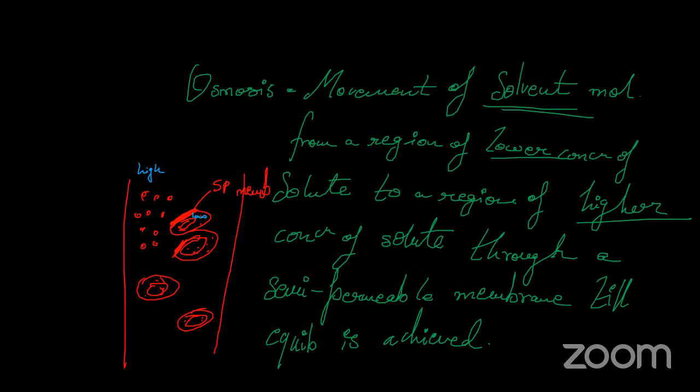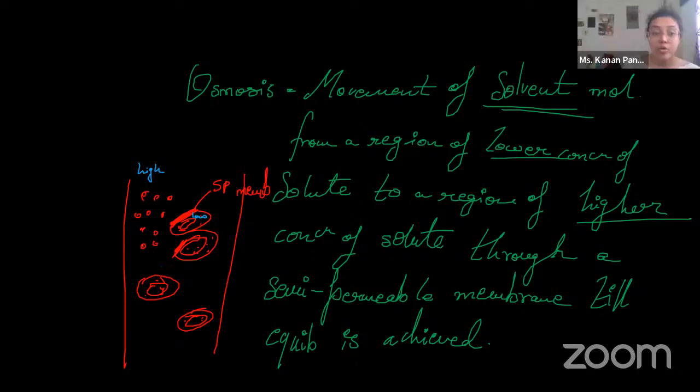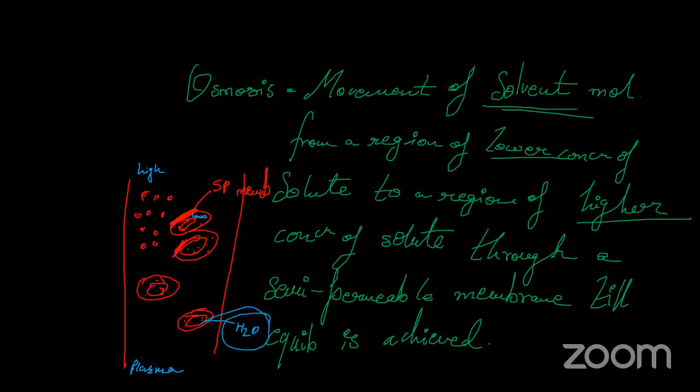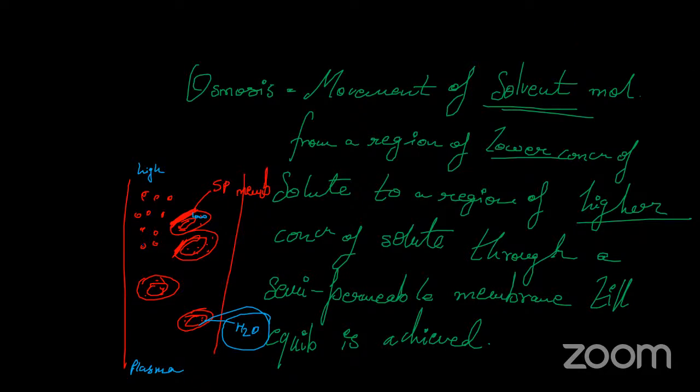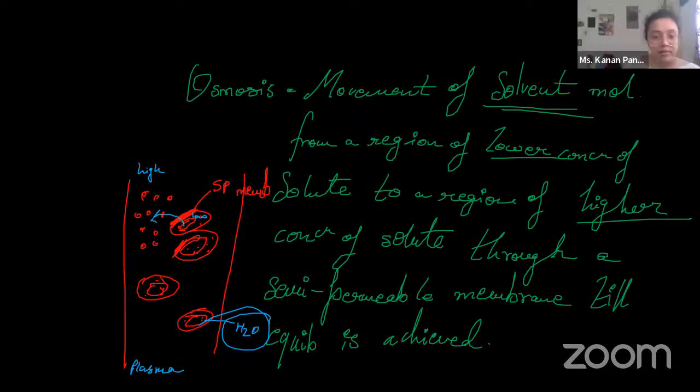RBC content का मूवमेंट होगा कि वाटर का मूवमेंट होगा? ब्लड में भी यू हैव प्लाज्मा, RBCs में भी यू हैव सम अमाउंट ऑफ वाटर, तो वाटर का मूवमेंट होगा. नाउ टेल मी, अगर बाहर हाई कॉन्सेंट्रेशन है, अंदर लो कॉन्सेंट्रेशन है सल्यूट का, तो कहां से कहां मूवमेंट होगा? अंदर से बाहर.